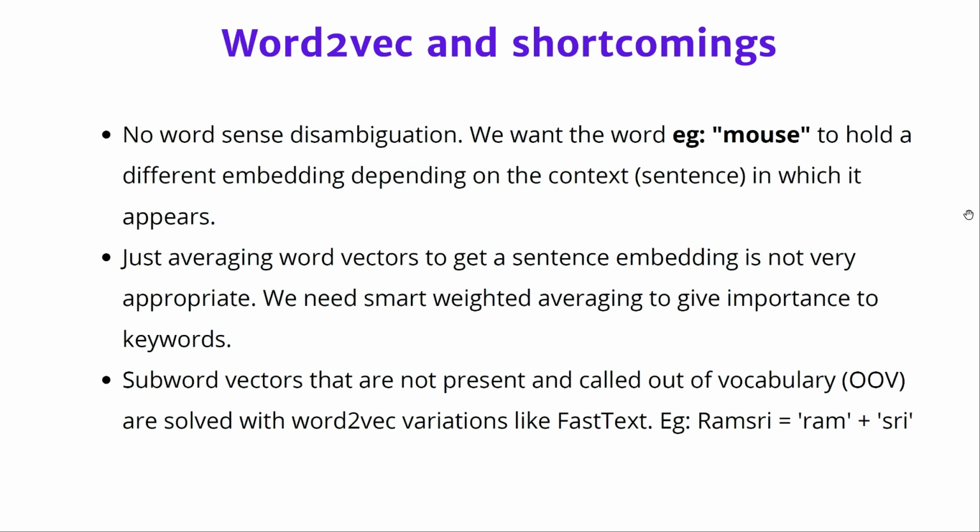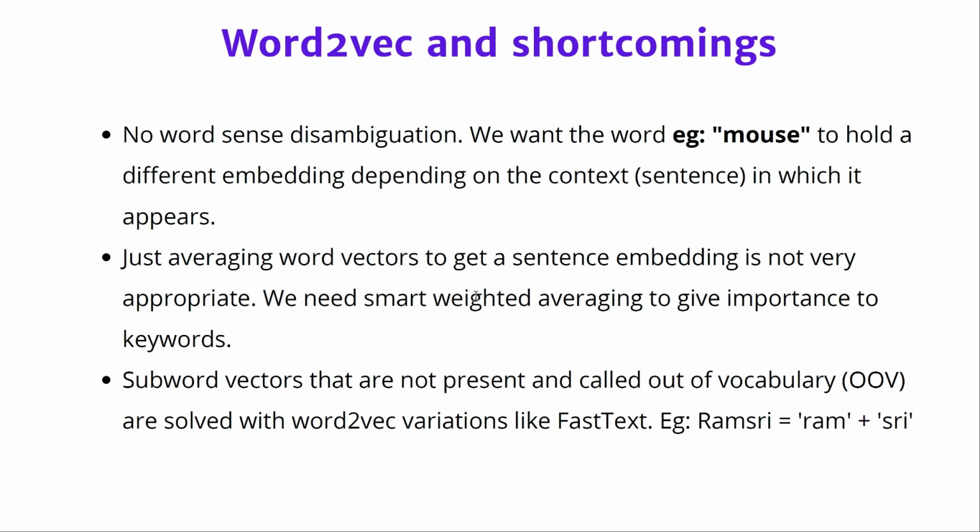Then going and college will have word vectors in the vocabulary of Word2vec, but the word Ramsri will not be present. So when we take the average sentence vector, we are going to completely ignore Ramsri because it is considered an out of vocabulary word.